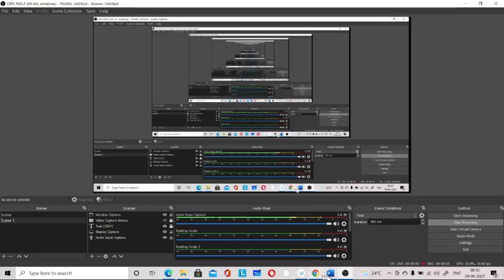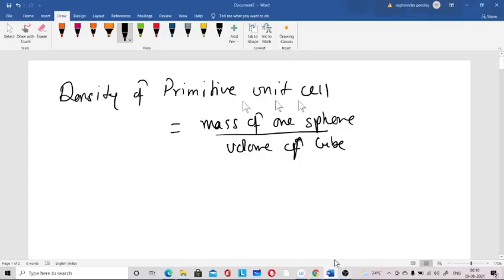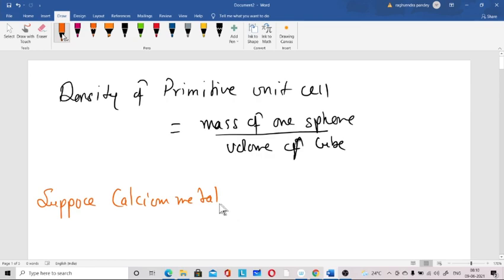So this is our density of primitive unit cell. We have now, so how do we calculate? Suppose we have calcium metal, okay, with a primitive unit cell structure.